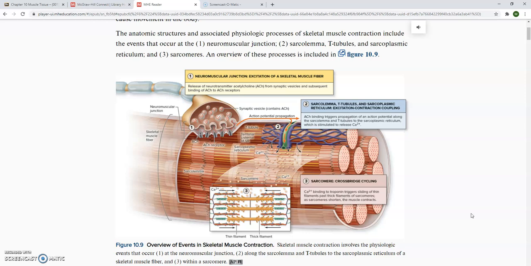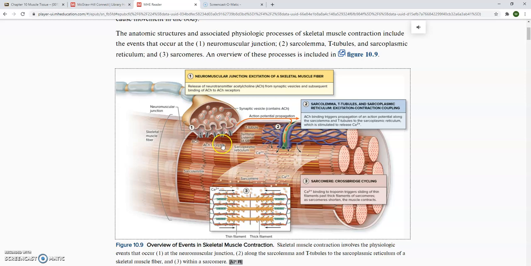So I just want you to realize that in order for a skeletal muscle cell to relax, the first thing that has to happen is we have to have no more action potentials or nerve impulses traveling down the axon and going to the axon terminal or the synaptic bulb. So we have to have those gone.